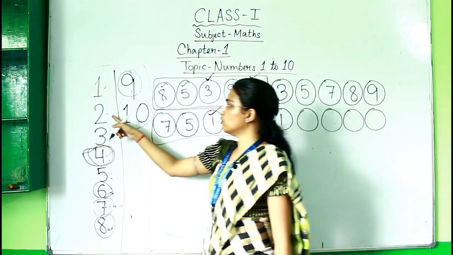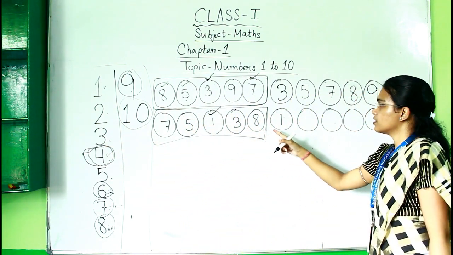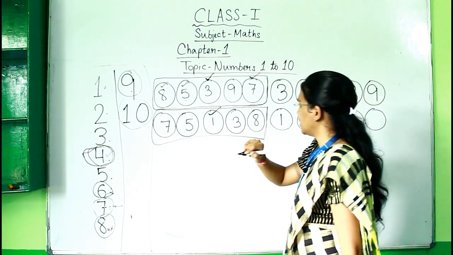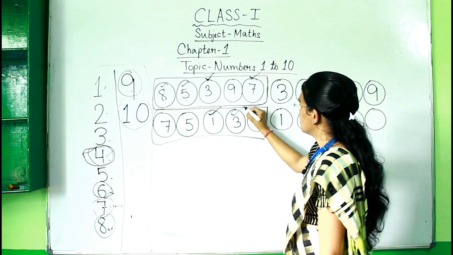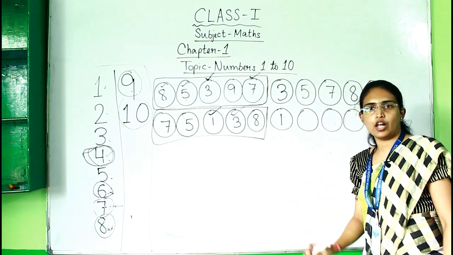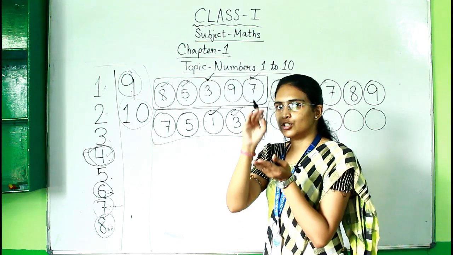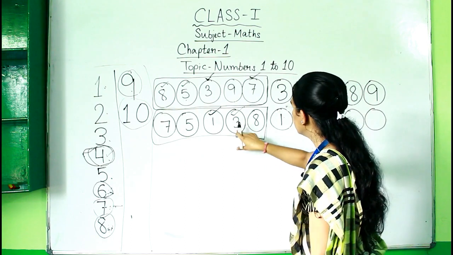Then after 2, what have we written? 3. Is 3 written in this box? Yes, this one. So 3 is the next smallest number. Smallest means chota. Now we have to write 3.